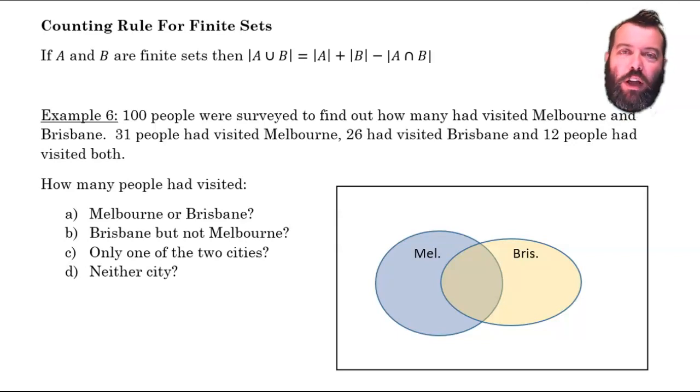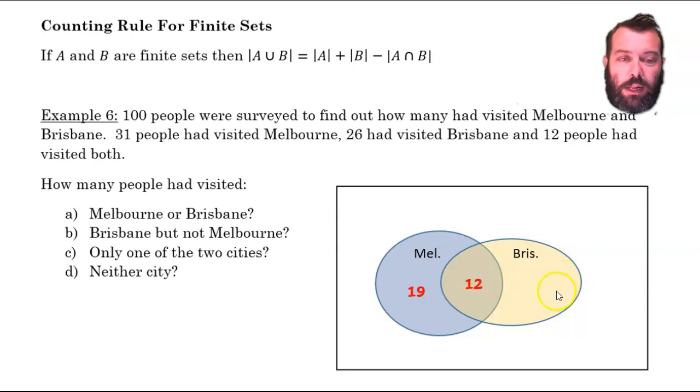Now, we're going to look at a graphical solution to this first. We're going to use our Venn diagram and a certain amount of common sense, I suppose. The first thing I think that we can list on our diagram here is there's 12 both. So this area here, where the two ovals overlap, that's a 12. Now, if that's a 12 and all of Melbourne is 31, then the rest of Melbourne must be 31 minus 12, which is 19.